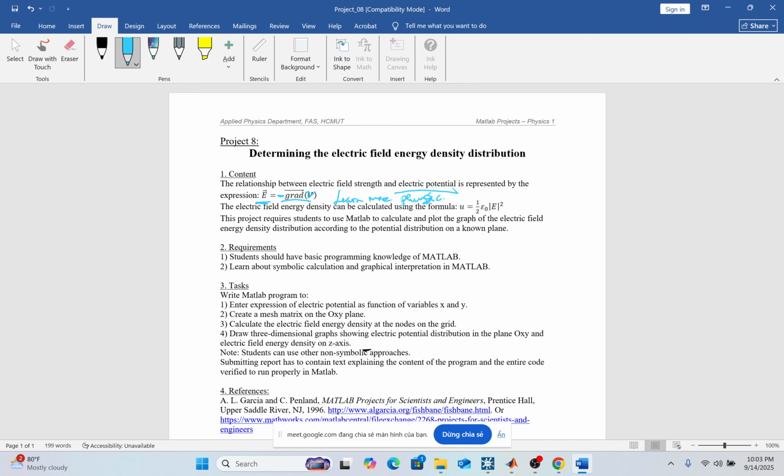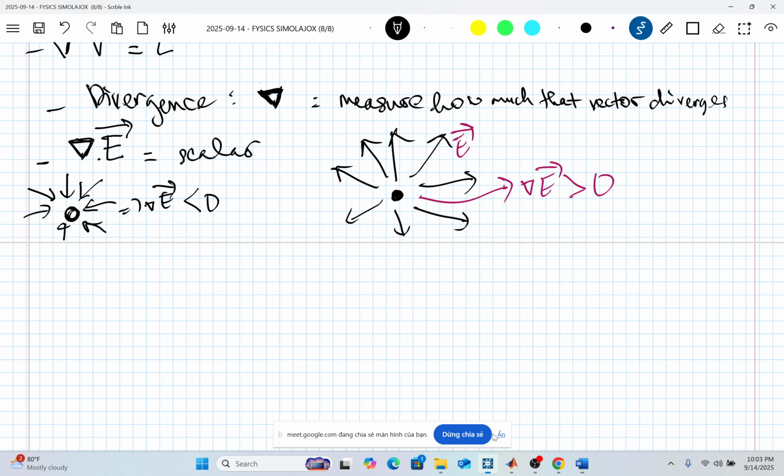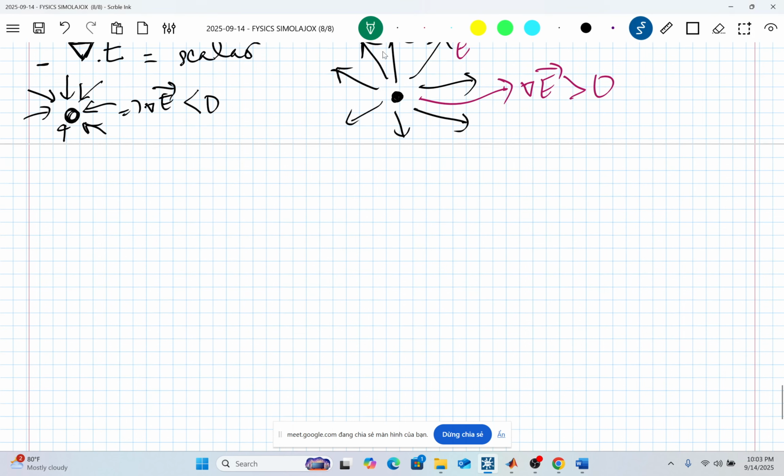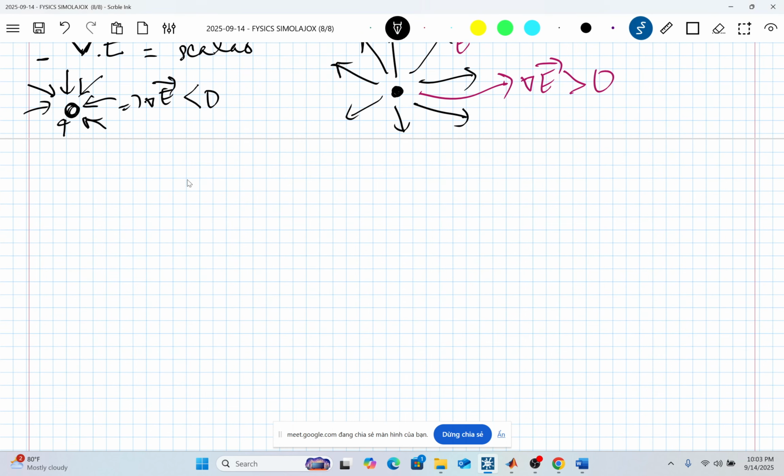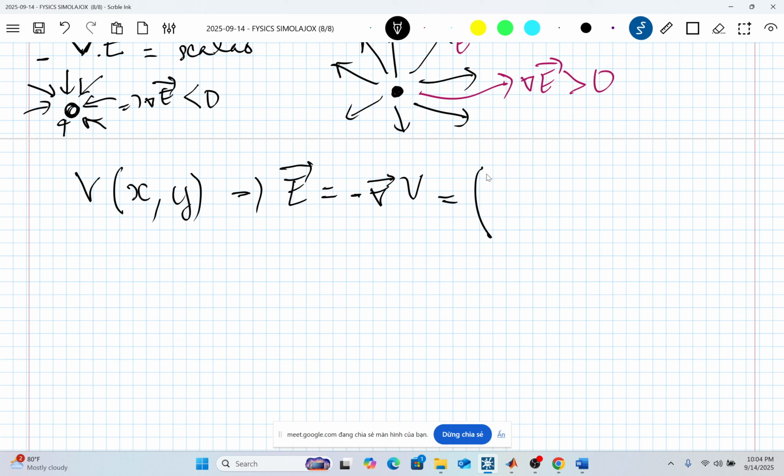But this gives us the equation, which means that if we have a not a v vector, a v scalar, and v will be a function of x and y, then your E equals the minus of the gradient of v, and it's going to be dv over dx i minus dv over dy j.